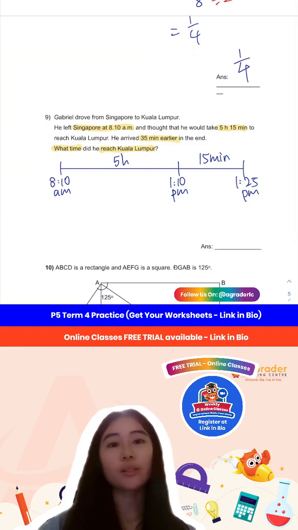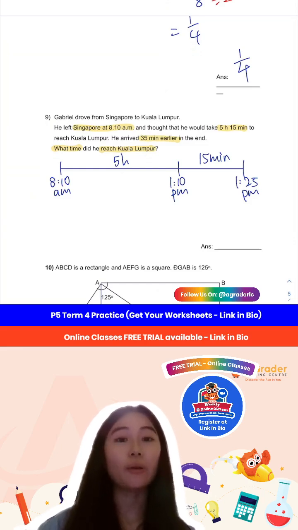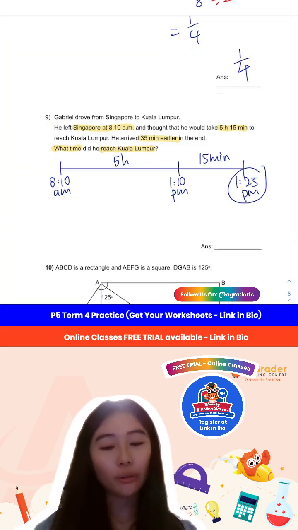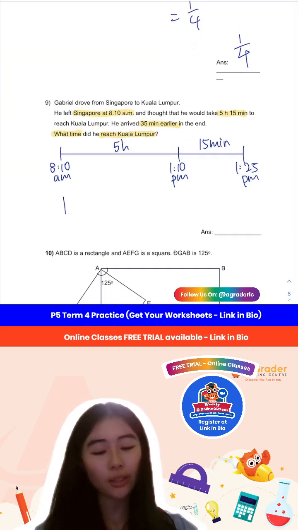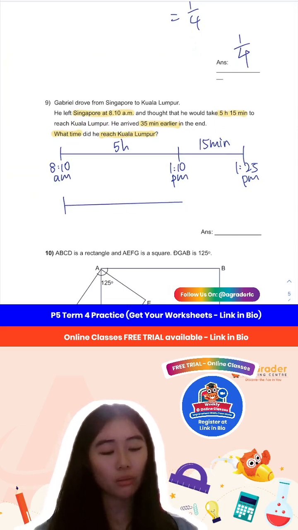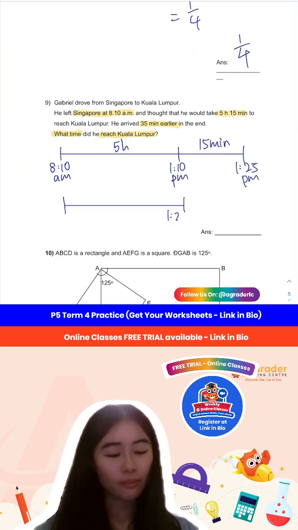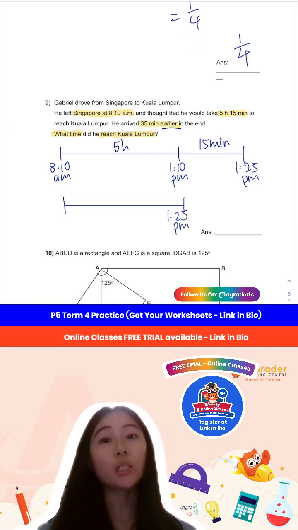So this was the time that he was supposed to reach KL, okay, but this is not the actual timing that he reached KL because he arrived 35 minutes earlier. Okay, so I'm going to draw a second timeline to see what is the exact timing. So the keyword earlier means that you can go backwards.